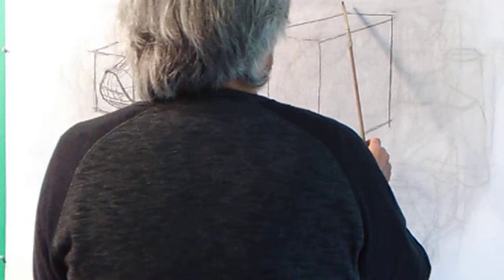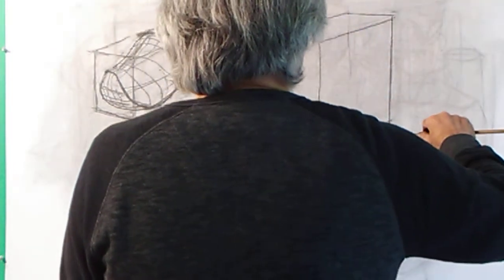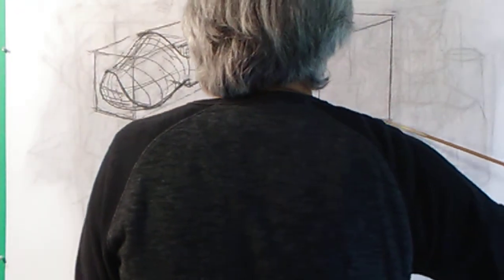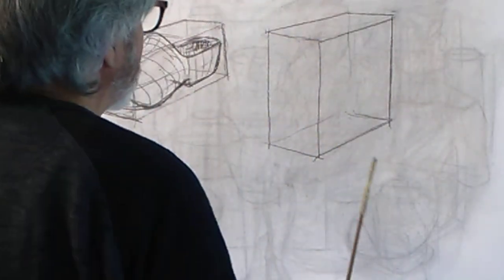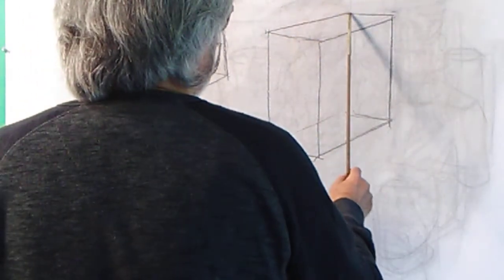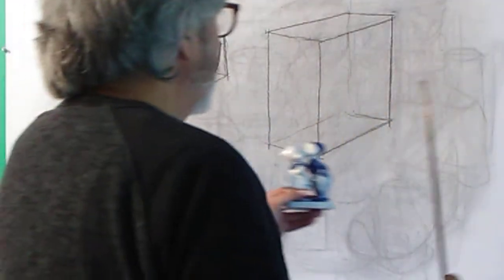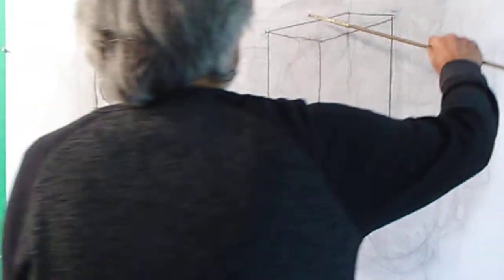So with that in mind, I'm going to lightly imagine through it, very lightly. You might see this. I'm just doing it very light to try to imagine the transparency of that shape. Now I've got two characters here, so I'm going to divide this where their heads are going to be.